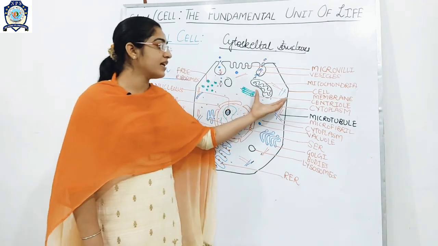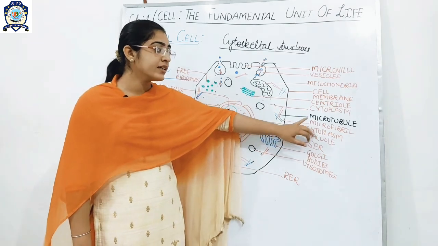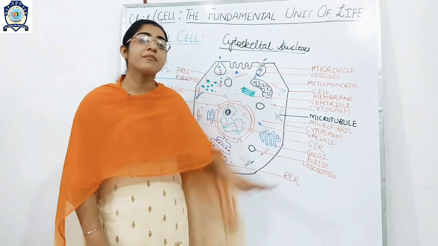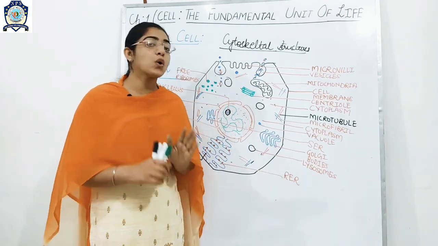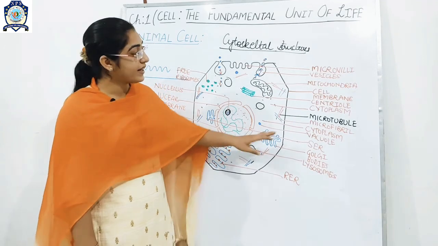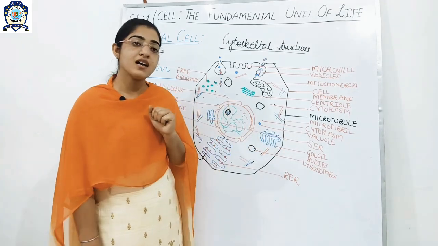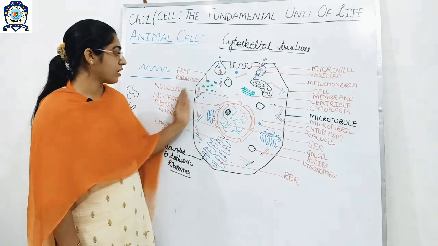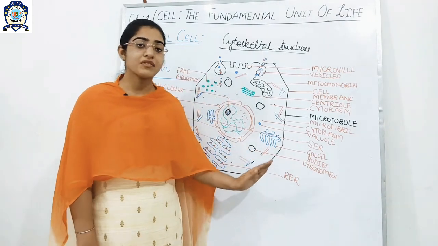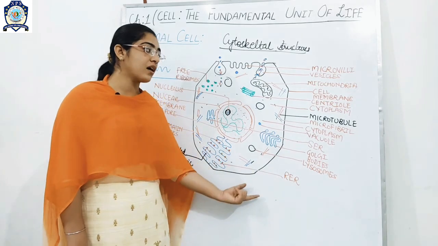So it is a cytoskeletal structure, because the function of microtubules and microfilaments is to provide strength and support to the cell, and also to maintain the shape of the cell. Is that clear? So this was all about the components of the animal cell.